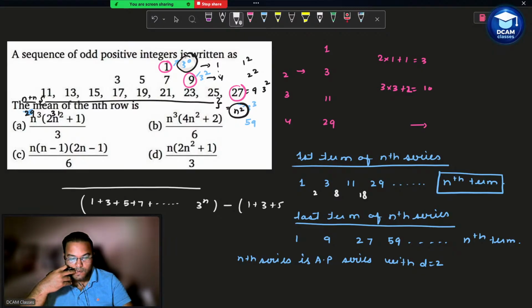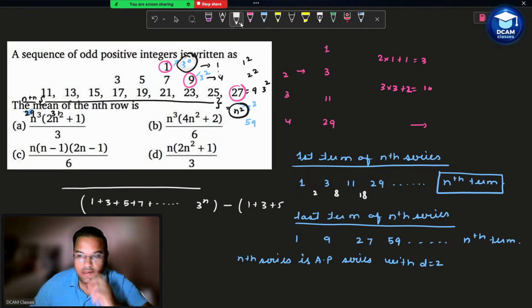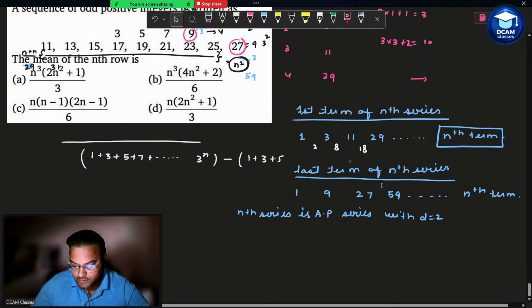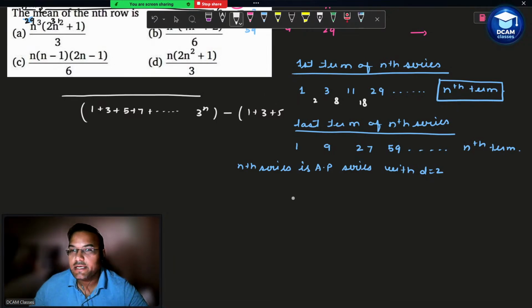Let me check the solution actually. What they are saying, na Ritu?